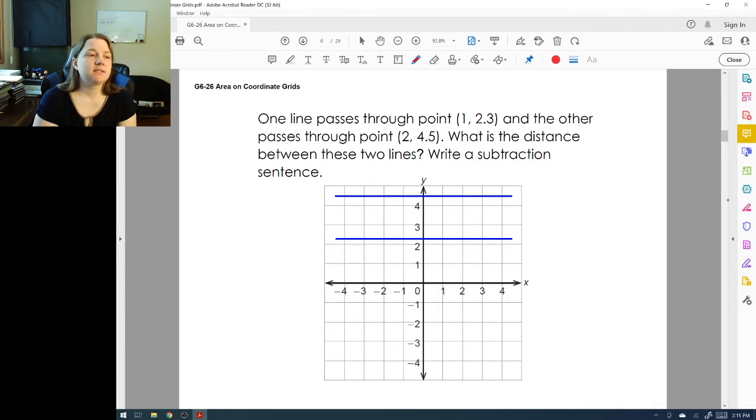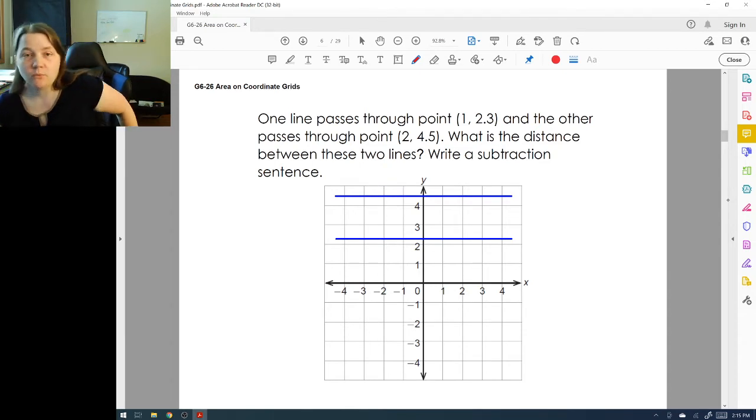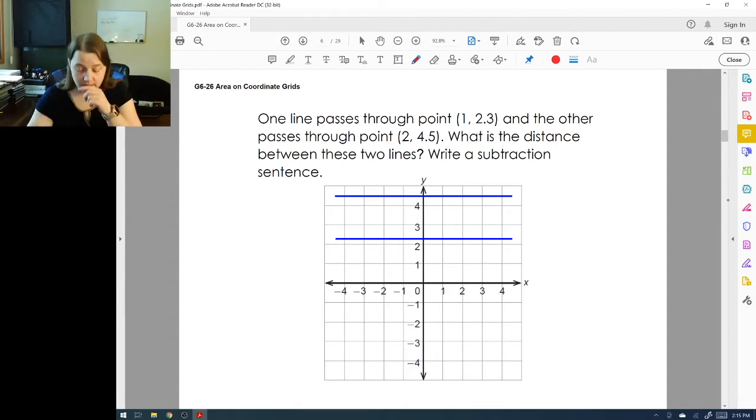One of these lines passes through (1, 2.3), the other passes through (2, 4.5). What's the distance between these lines? They're looking for a subtraction sentence. So if I see that one of these lines passes through (1, 2.3), I'm going to know that I'm going to run 1, which doesn't really matter for figuring out which line we're looking at, but I'm going to jump 2.3.